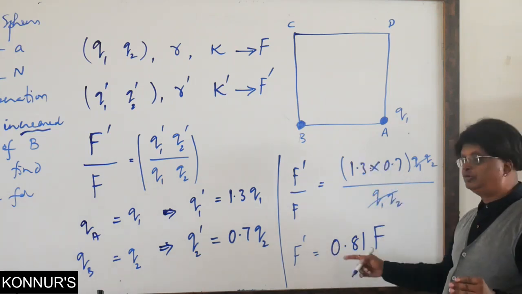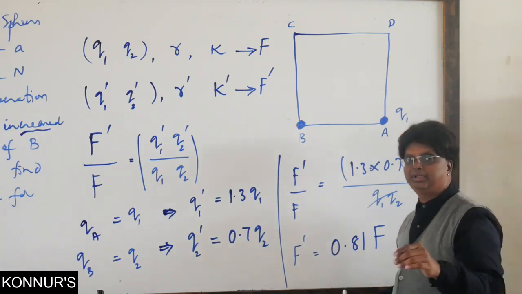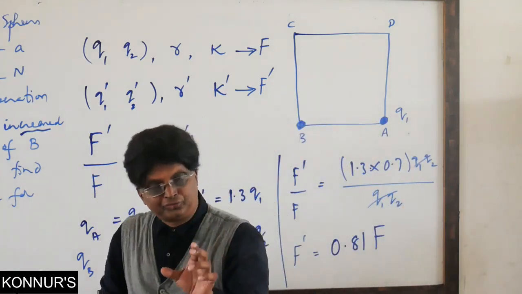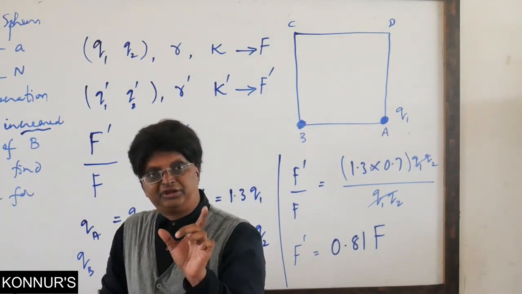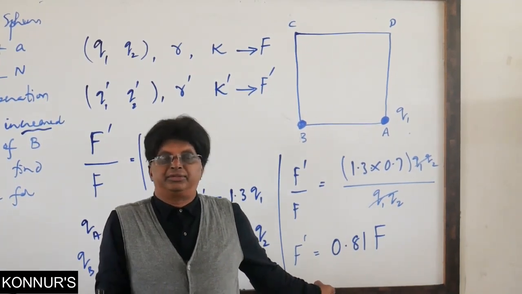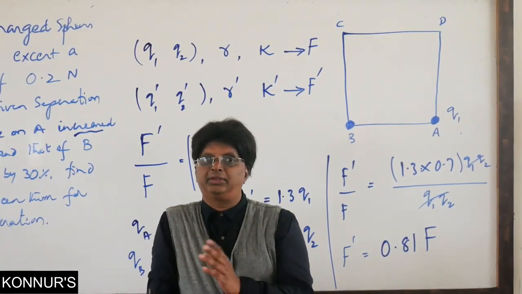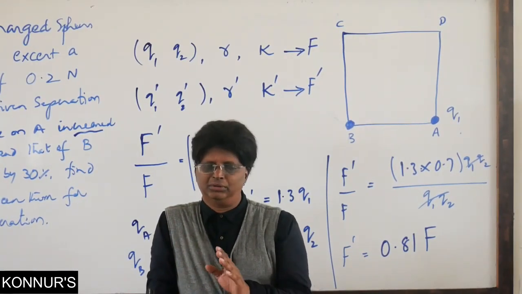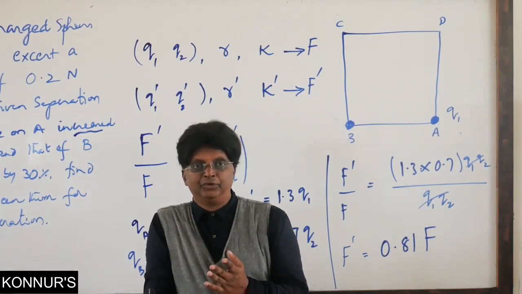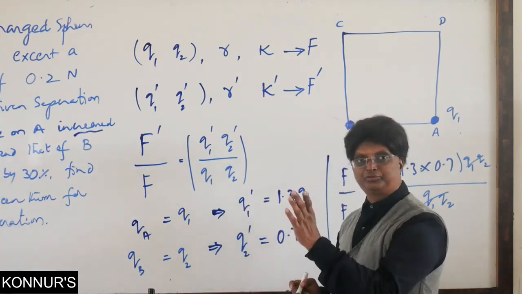Or else the force between the spheres decreases by 19%. 30% increase, 30% decrease on the two spheres for the same separation and medium. Force is decreasing by 19%. Instead of numbers, if it is percentage change, people think that it is NEET and CET. No, it can be a question in any of the examinations, right? So Coulombic force, what is that important tool I have told you?